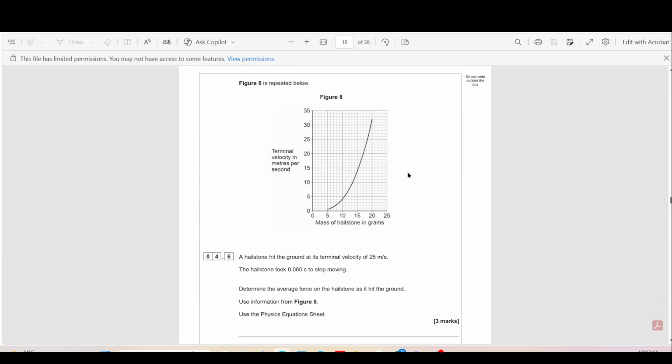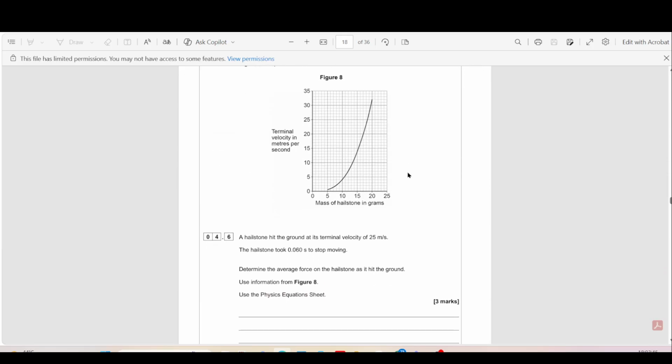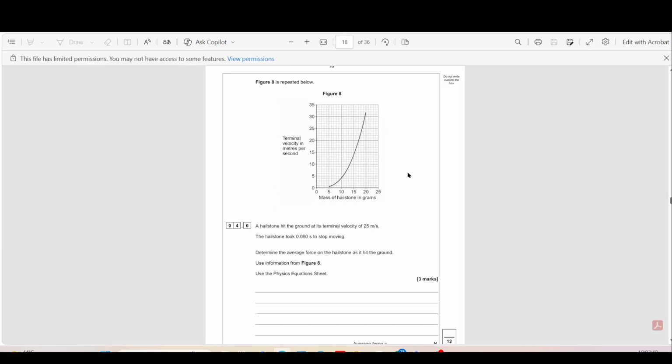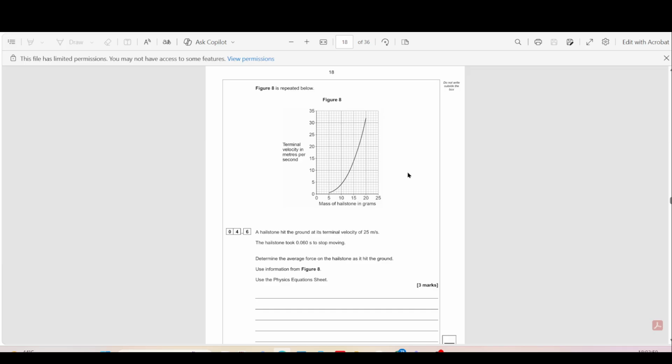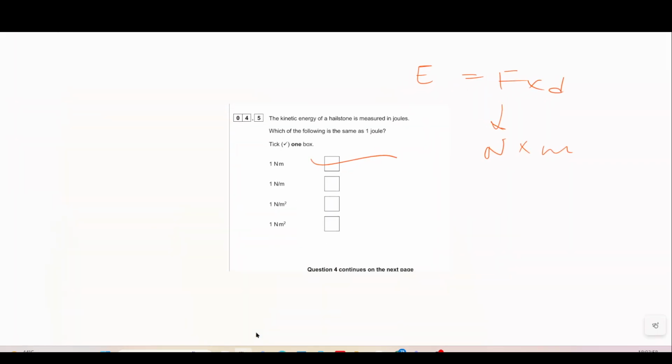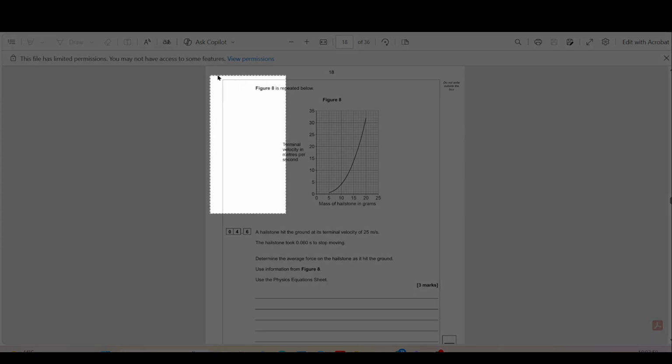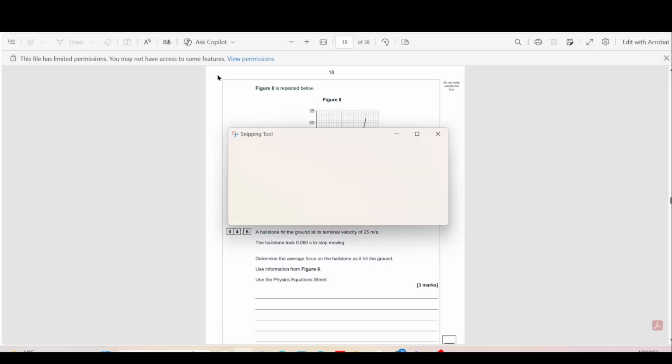Figure 8 repeated below. A hailstone hits the ground at its terminal velocity of 25 meters per second. The hailstone took 0.060 seconds to stop moving. Determine the average force on the hailstone as it hits the ground. Use information from figure 8.